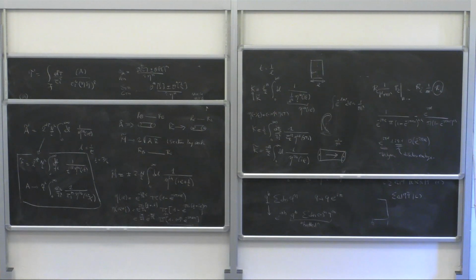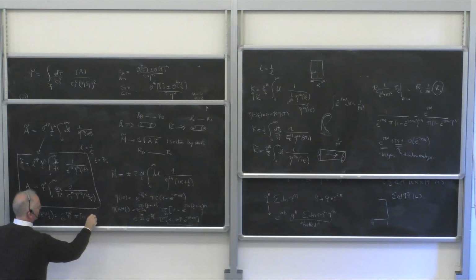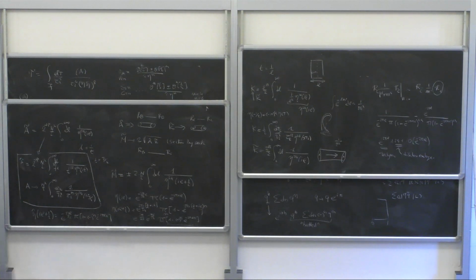So we work directly with the real basis. These are called hatted characters. So for instance, the hatted eta of il plus 1/2 is simply e to the minus pi l over 12 times the product of (1 minus (minus 1) to the n e to the minus 2 pi l n). So it's real by construction.